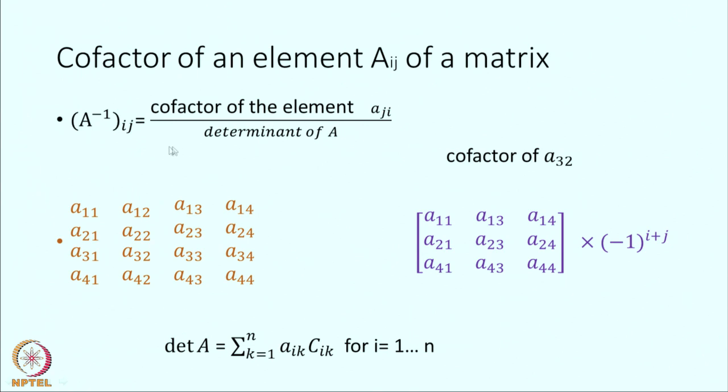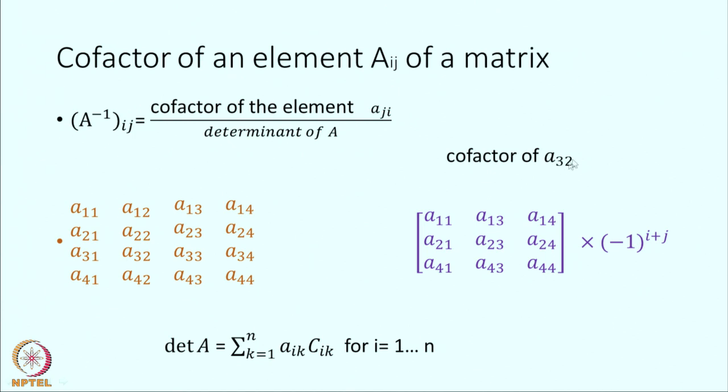Before I go to the cofactor, let me generally define what a cofactor is. Take the cofactor of A32. What is A32? It is the element in the third row and the second column of this matrix.